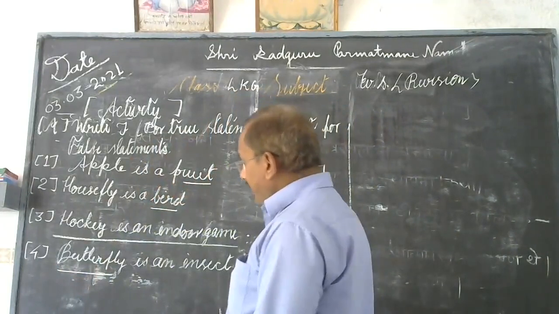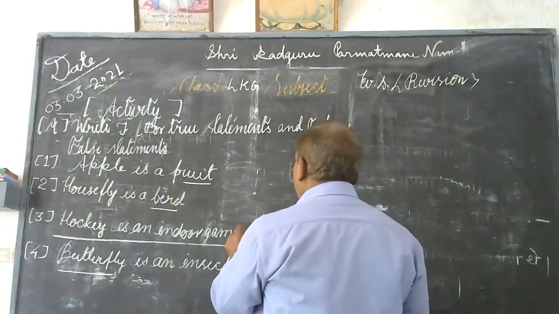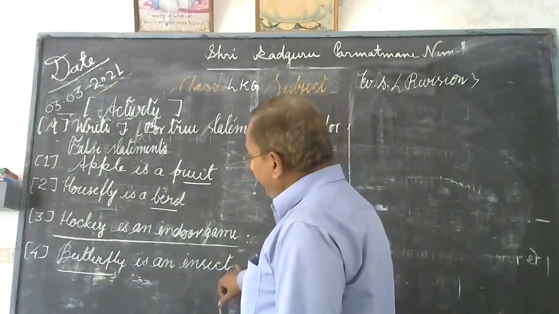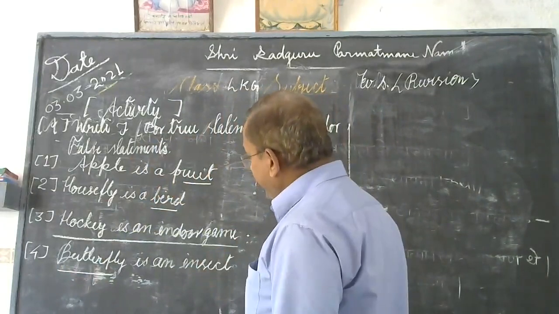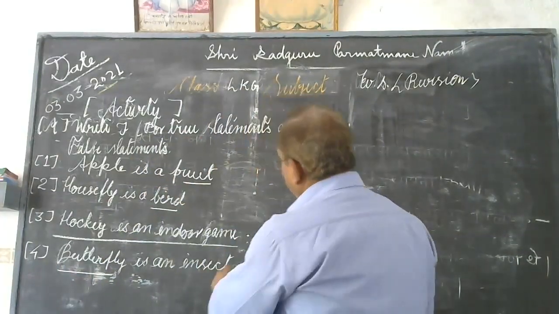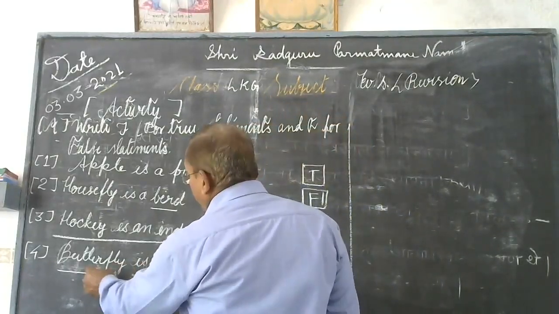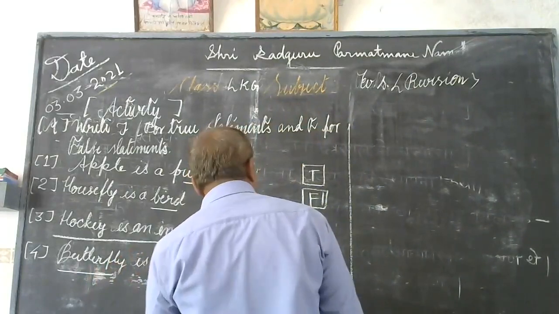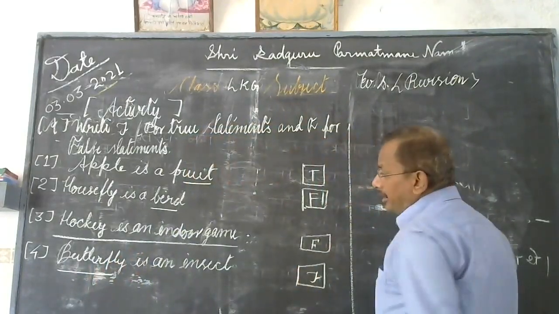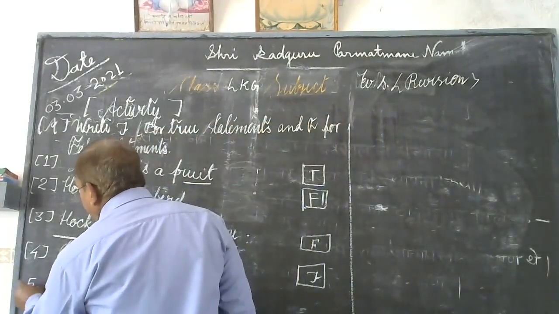Your sentence is given here. Butterfly is an insect, and we have already studied it. In the part on insects, butterfly is also an insect, and so many insects are read in that part. So butterfly is an insect is true. We will put T here. Okay. Next one.